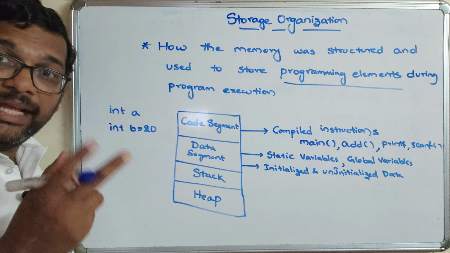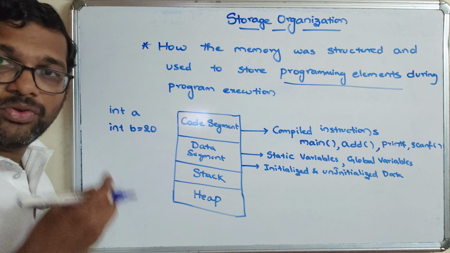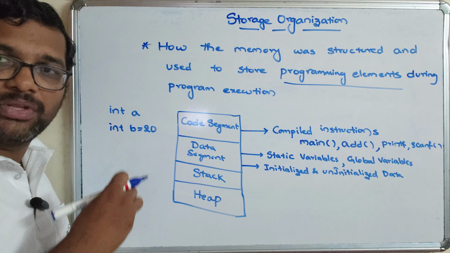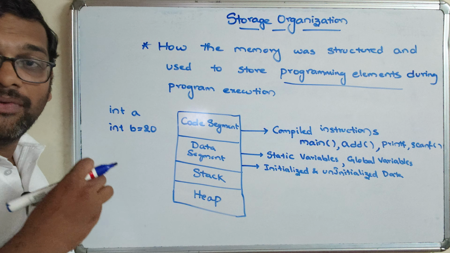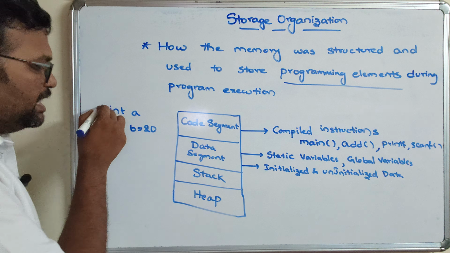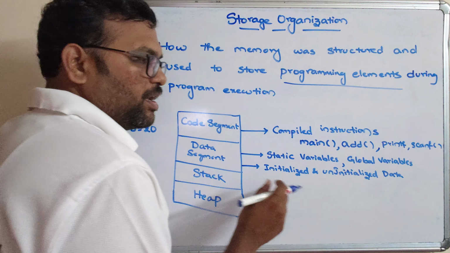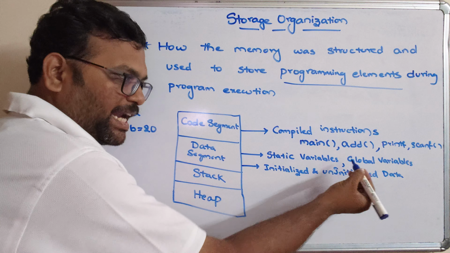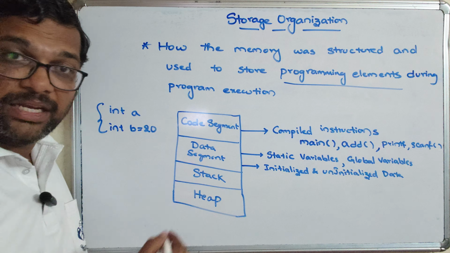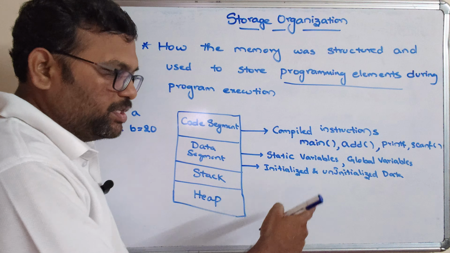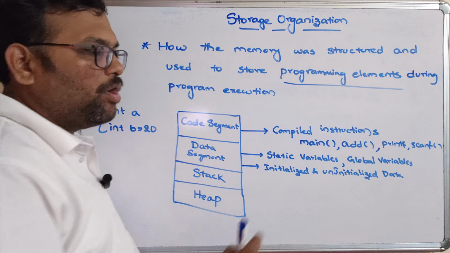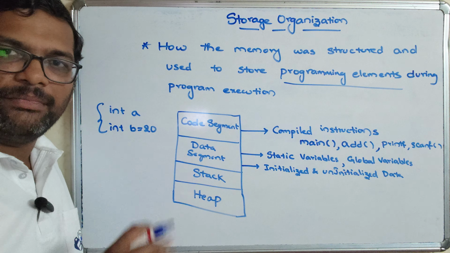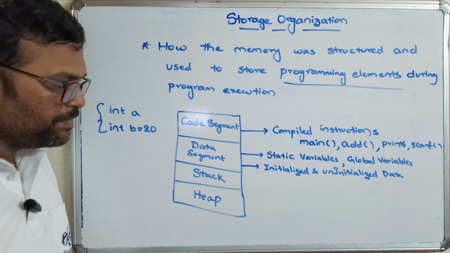Here both declaration and initialization are there, so we have initialized a value to the variable, and the value of b will be 20. These kinds of variables can also be stored in the data segment. That means both the static and global variables, initialized or uninitialized, will be stored in the data segment.